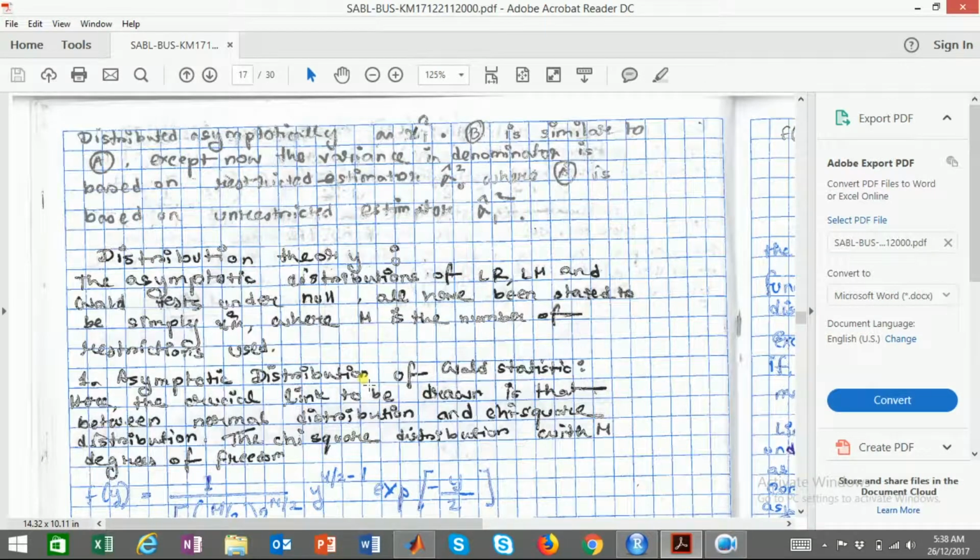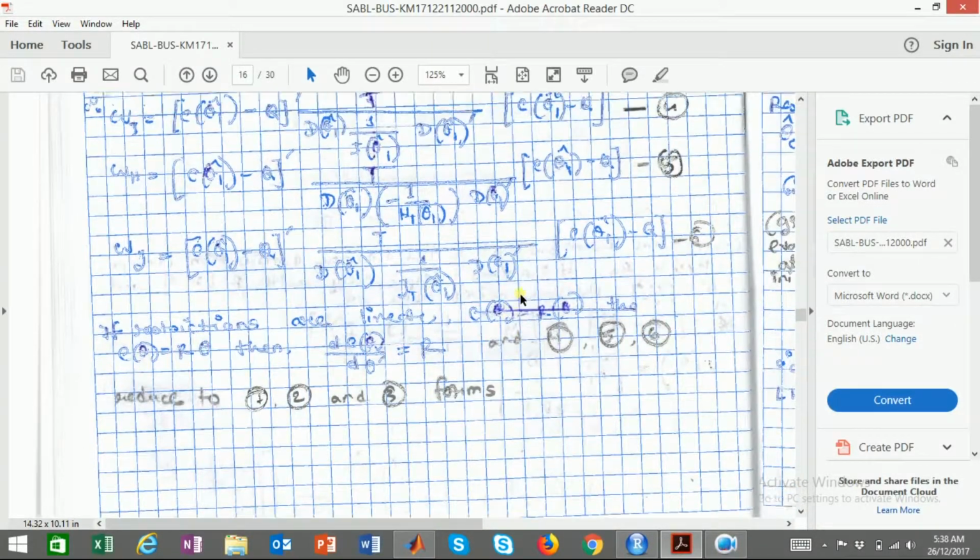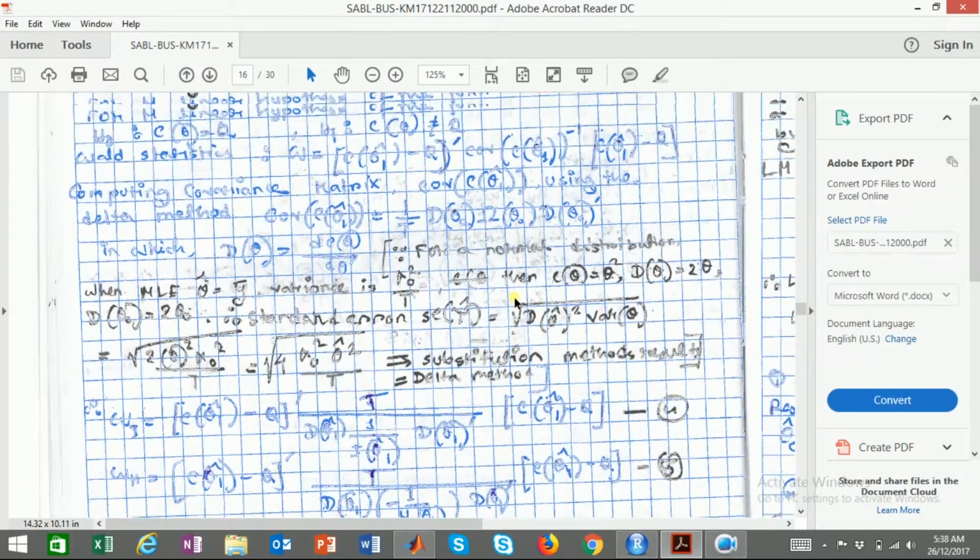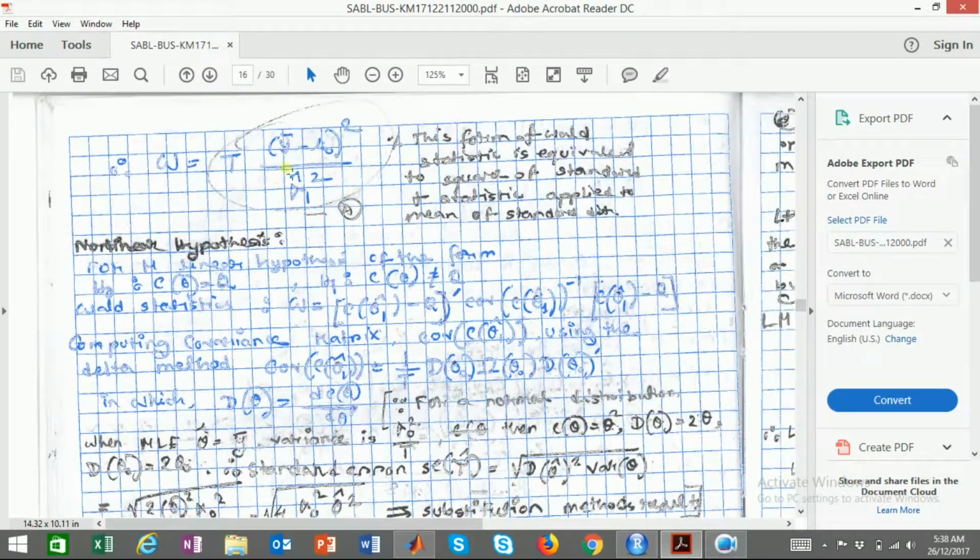Okay, so this one is based on sigma naught square restricted, and the previous problem that we solved is based on sigma 1 square, which was before nonlinear hypothesis, when we were dealing with, let me show you, sigma 1 square Wald statistics. Okay, so this is similar.